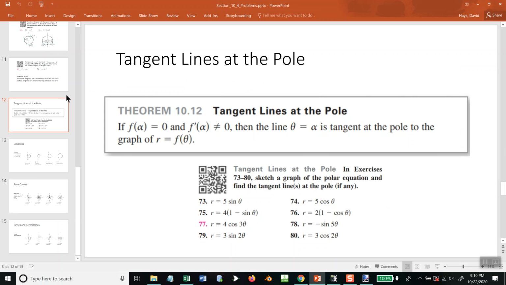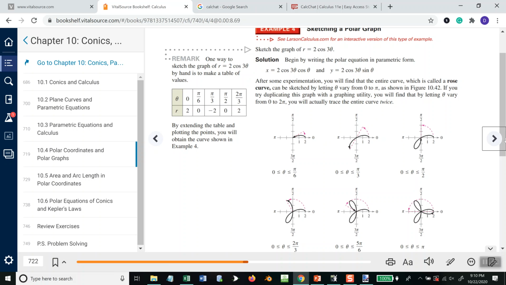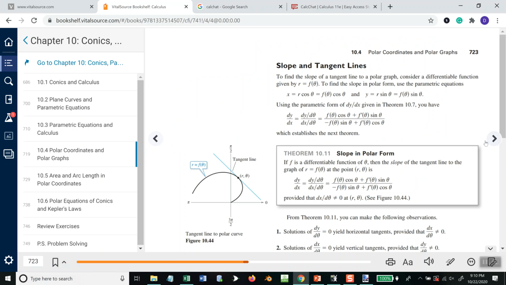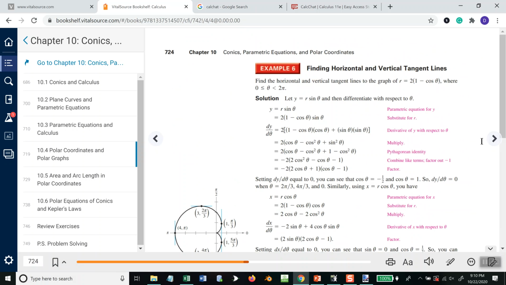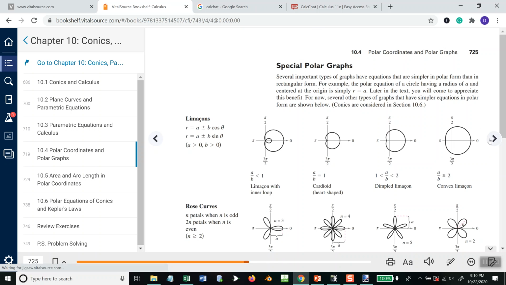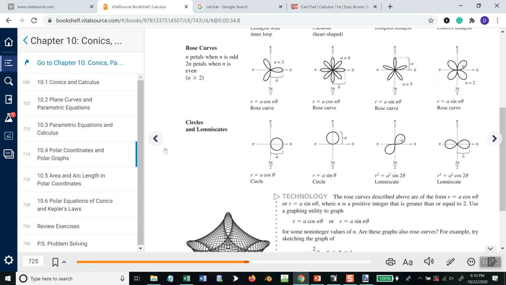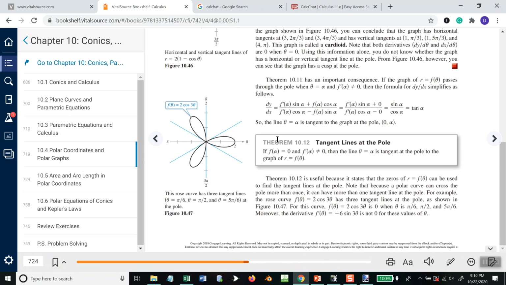Let me get back there. Where's the book? They don't even give you an example.